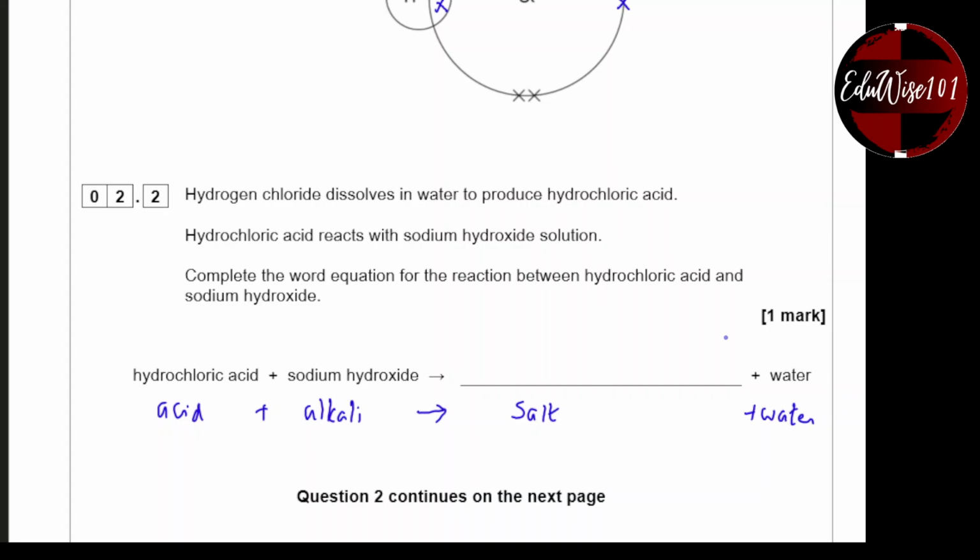So they want you to write down the name of the salt. So remember, the salt is made up of the metal part and the non-metal part. So it will be sodium chloride.